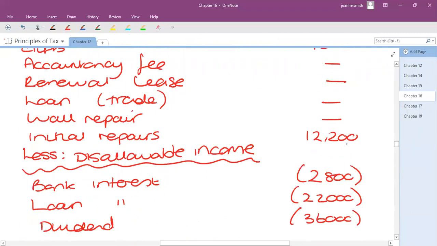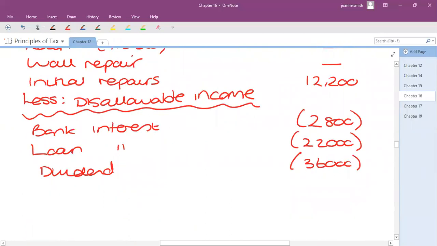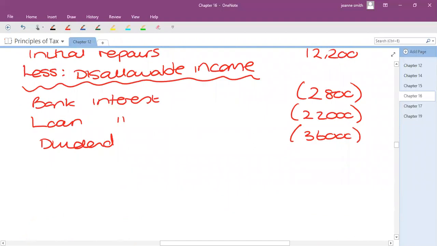And then we've got the initial repairs to get the asset into a usable state. And then we've got 3 types of income being disallowed because they relate to non-trading activities. So at this point, my profit is 673,200.